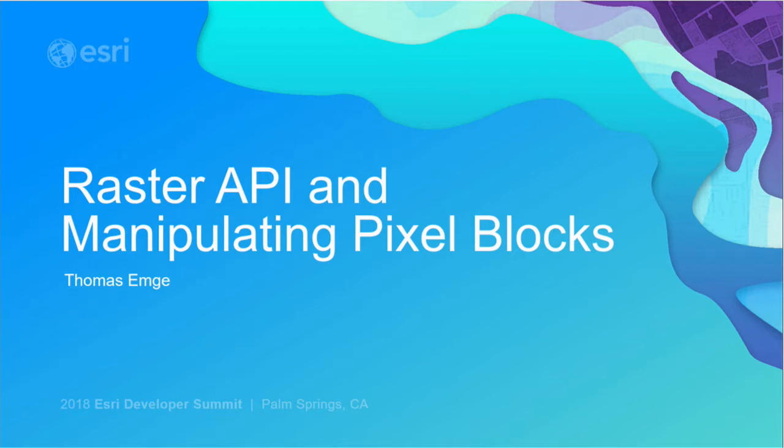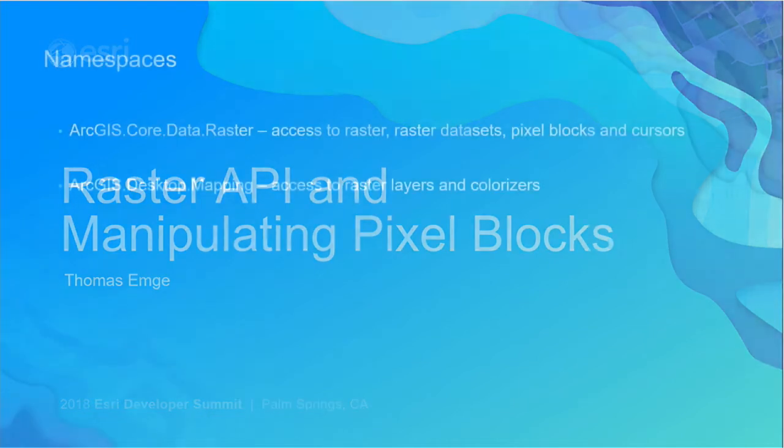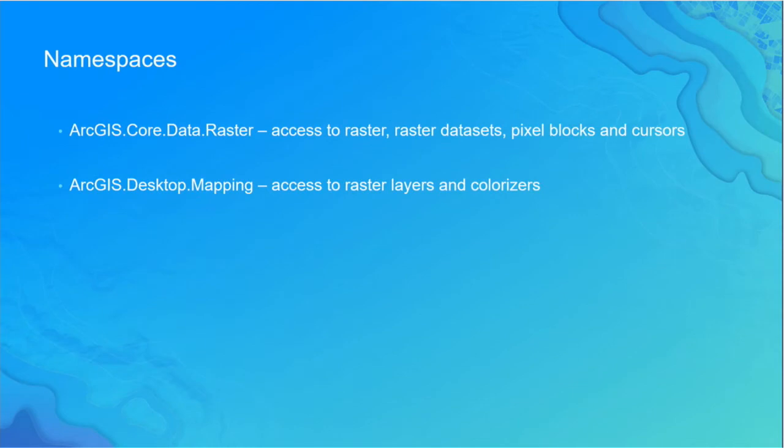We're taking a quick overlook for this one in the demo theater here. Very quick, high overview for the Raster API in general, and then quickly go down into how we use and treat the pixels through the pixel block API.